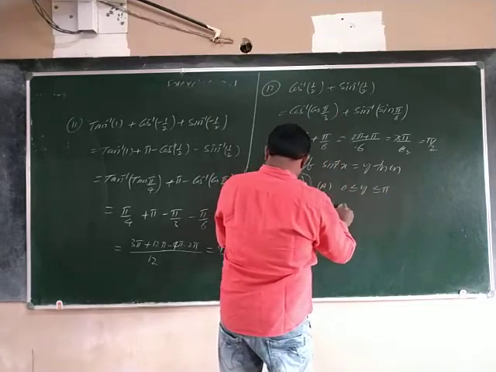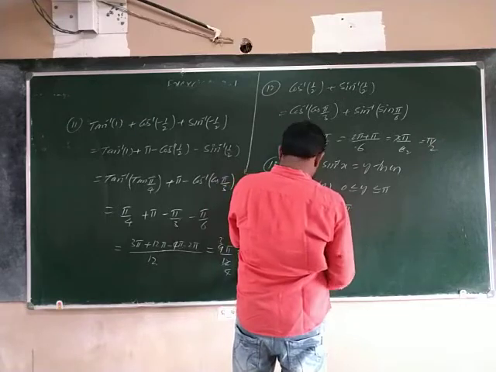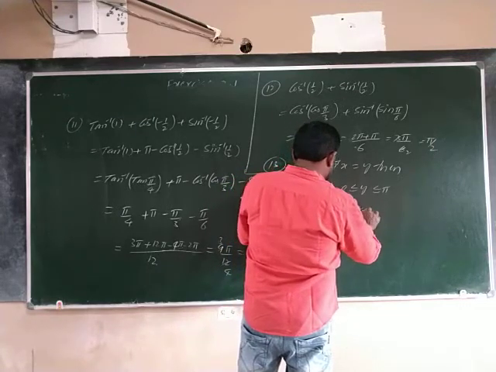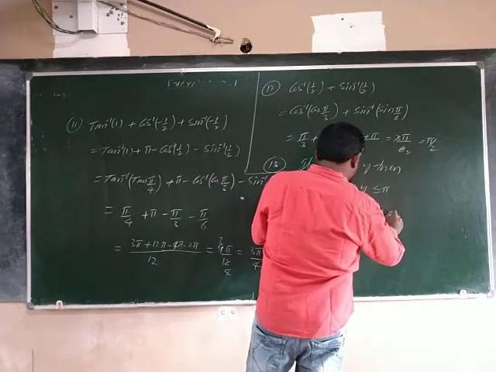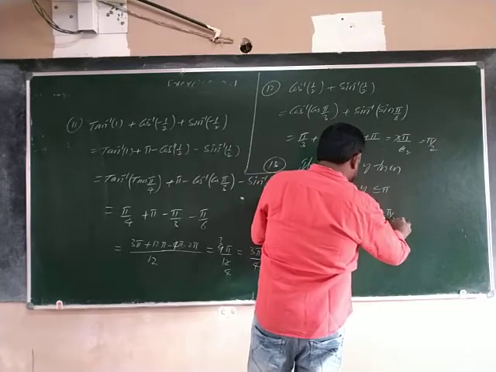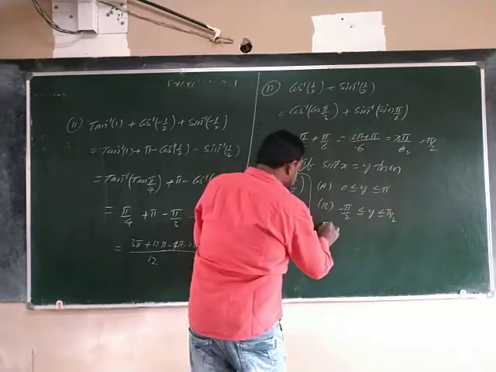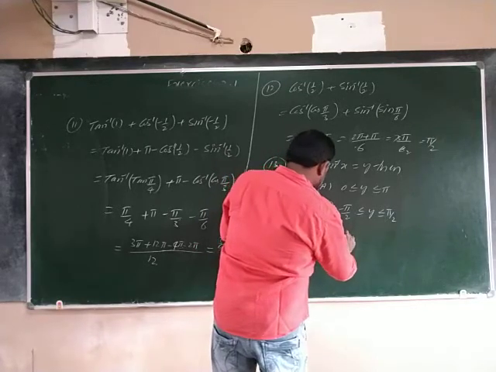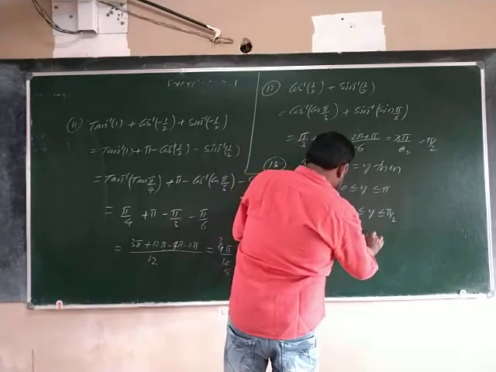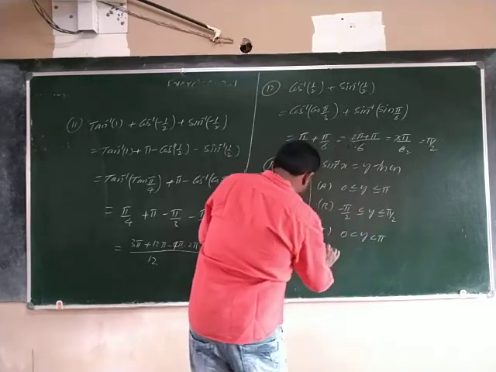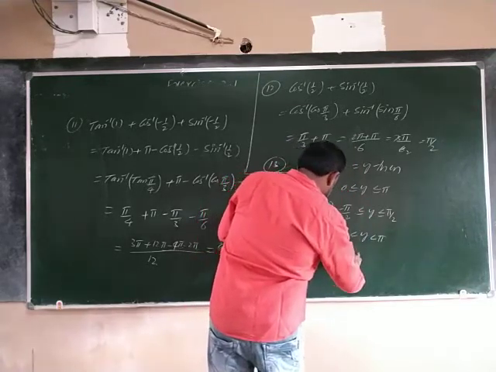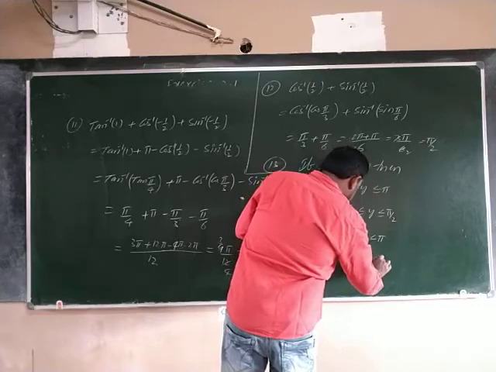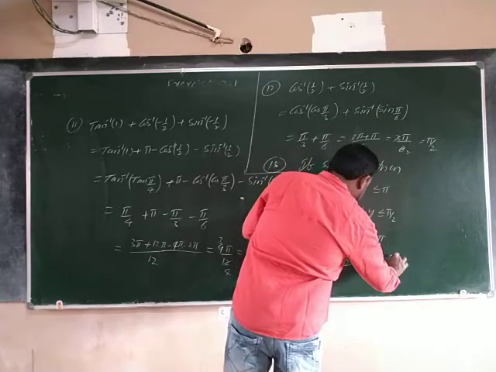Option B, minus pi by 2 less than or equal to y less than or equal to pi by 2. And C, 0 less than y less than pi by 2. Option D, minus pi by 2 less than y less than pi by 2.